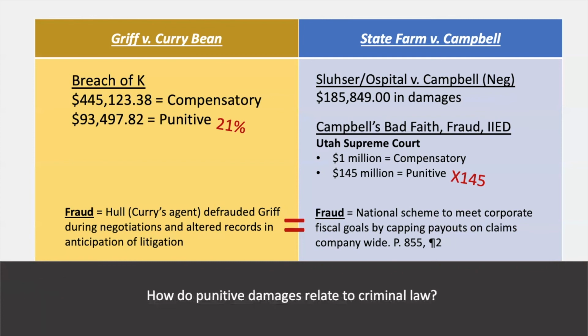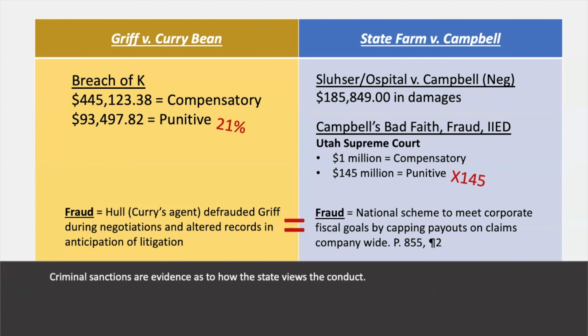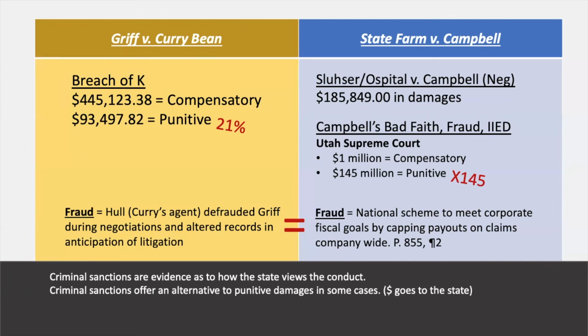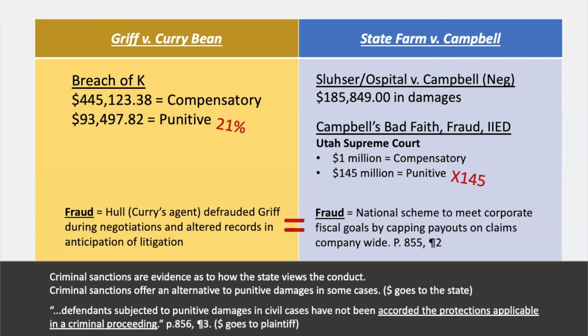But how do these punitive damages relate to criminal law? Well, criminal sanctions are evidence of how the state views the conduct. So if there are actual criminal sanctions, it's probably pretty bad because it's enough to be punishable. And criminal sanctions also offer an alternative to punitive damages in some cases, but that money goes to the state. The difference is with punitive damages, the money goes to the plaintiff.